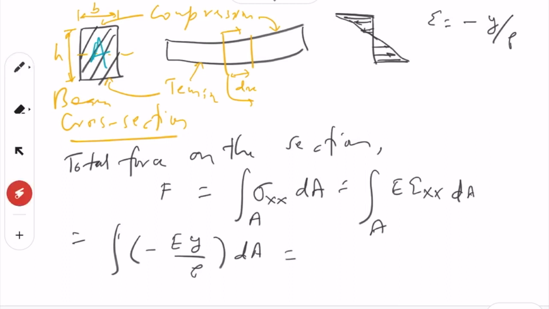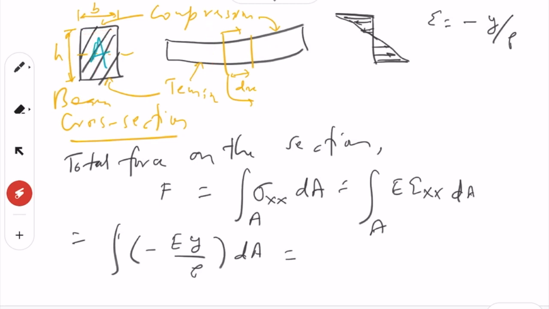We assume rho, the radius of curvature, to be constant; we are assuming the beam is very thin, so rho is the same for all sections everywhere.